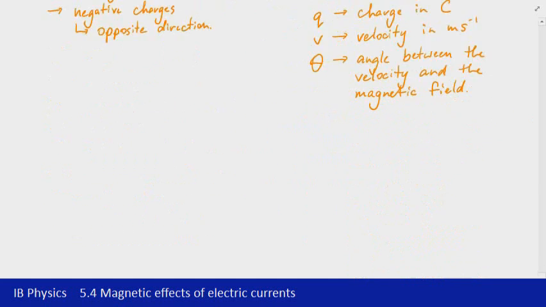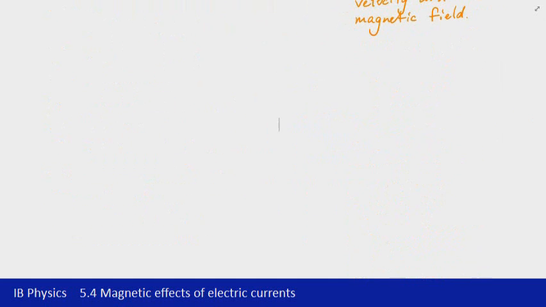Now there's one key difference between charges and currents. That's that with currents, all of those charges are constrained within the conductor itself. So they can't really move around anywhere. They can only move in the direction that the conductor itself allows. But a charge moving by itself can actually change direction.